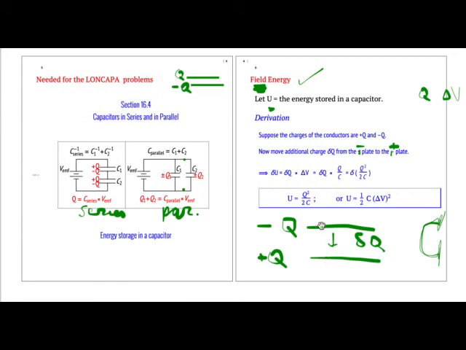So that will increase the charge on the lower plate by delta Q, and it will decrease the charge on the upper plate by an amount delta Q. So after I make this change, this plate will have charge Q plus delta Q, because I added that charge delta Q, and the upper plate will have charge Q minus delta Q. No, it'll have charge minus Q minus delta Q. Okay, so I'm increasing the charge separation.